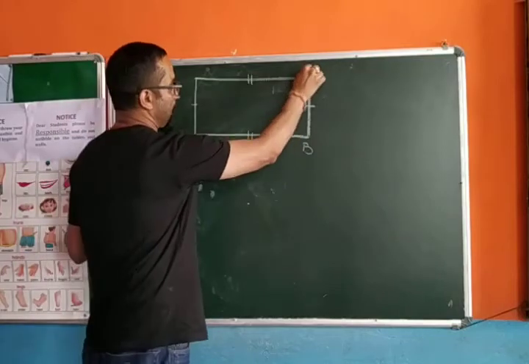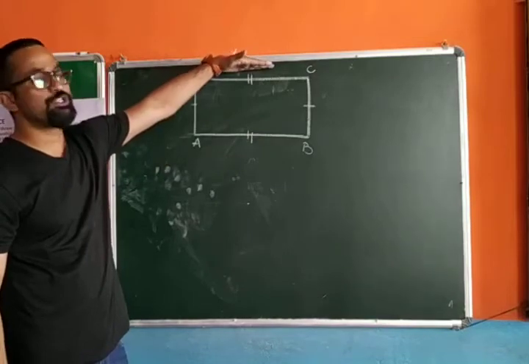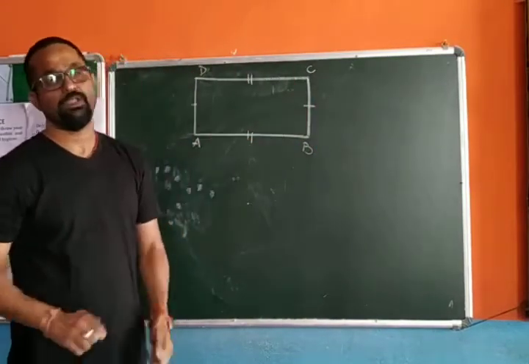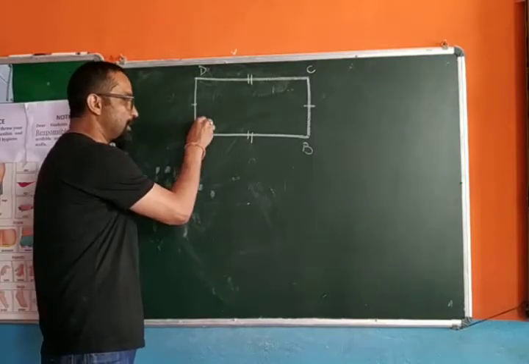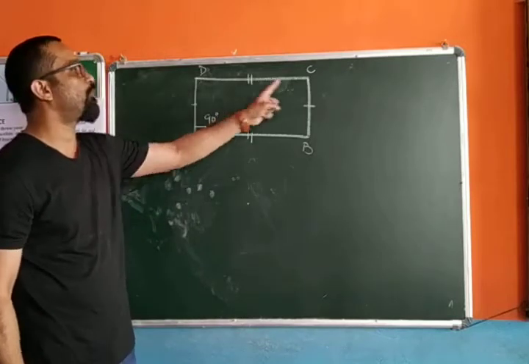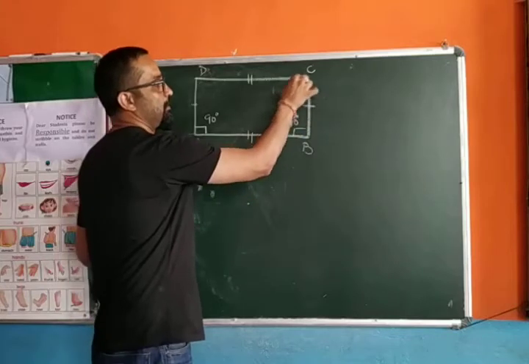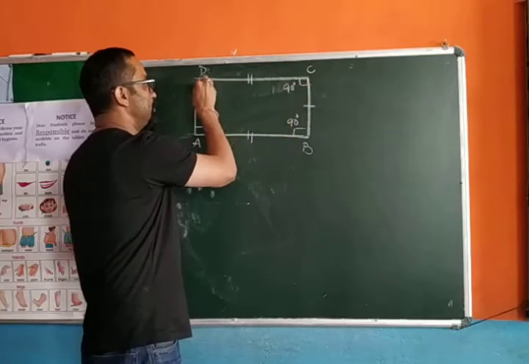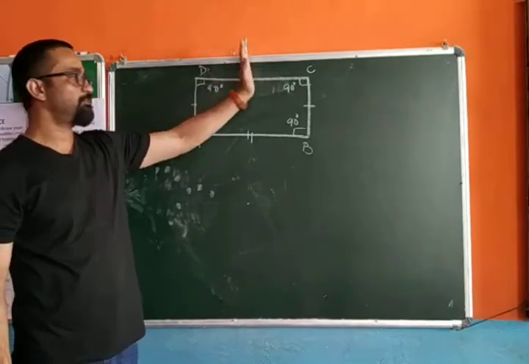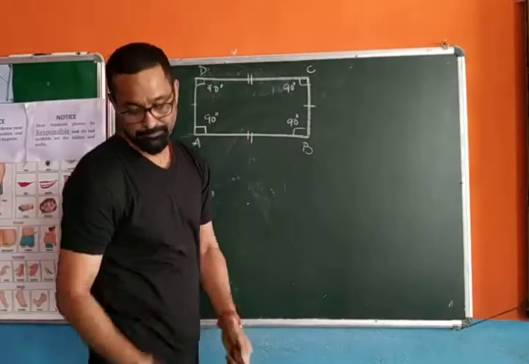ABCD is a rectangle in which AB is equal to CD, AD is equal to BC. And the sides are inclined at 90 degrees. Remember, there are four angles and all these four angles are equal to 90 degrees each. Opposite sides are equal. Sides are inclined at 90 degrees.